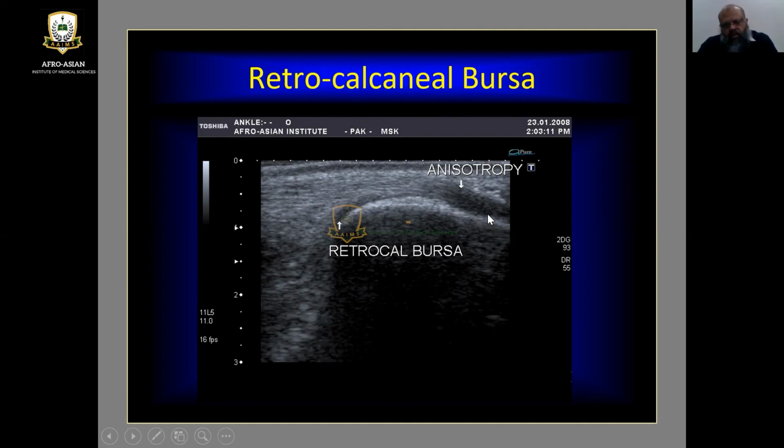Whenever a structure is rounded, we can get some shadow, which will go away by changing the angle of the transducer. It is usually seen around rounded areas like the head of femur or at the rotator cuff in the shoulder.